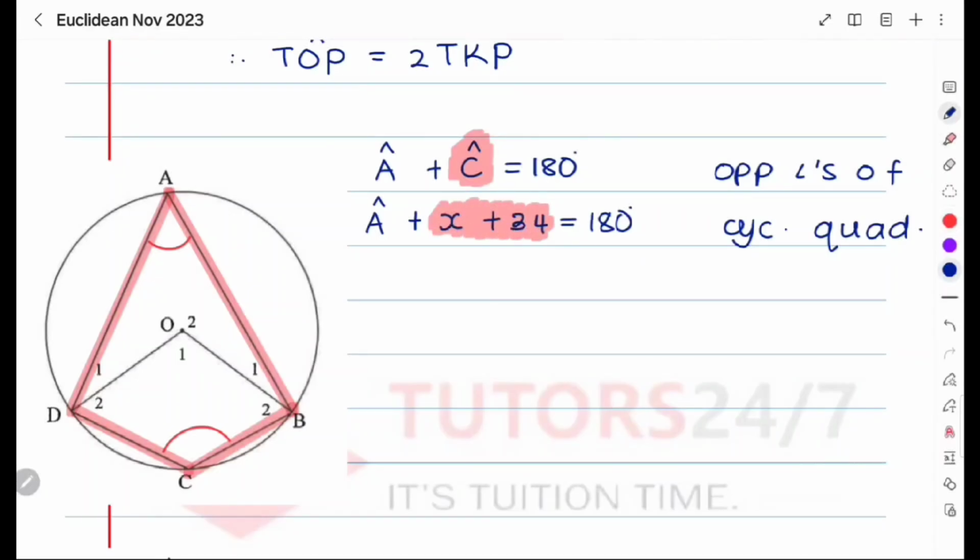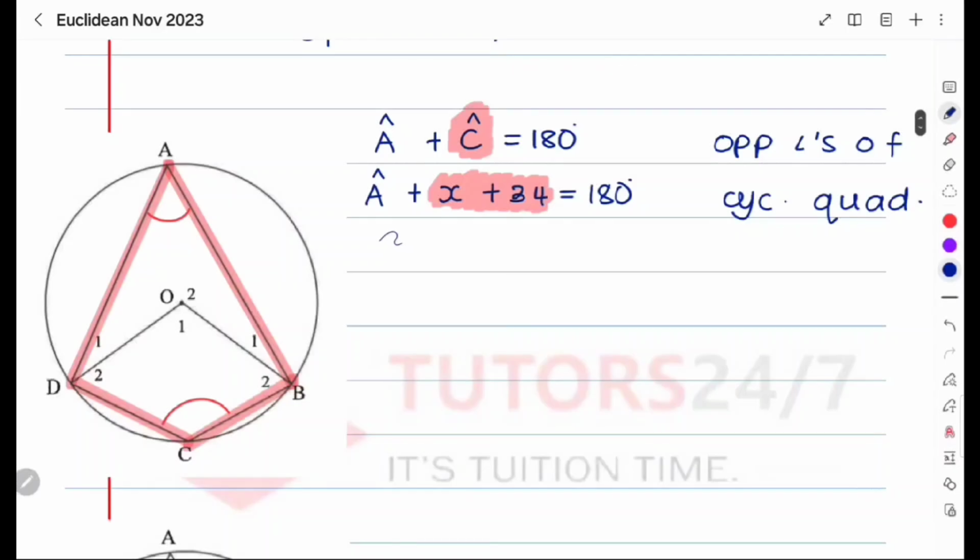From here, let us solve for A so we can use it in the next theorem. So it is going to be 180 minus 34 minus x. Therefore, angle A is equal to 146 minus x. So this is equation number 1.